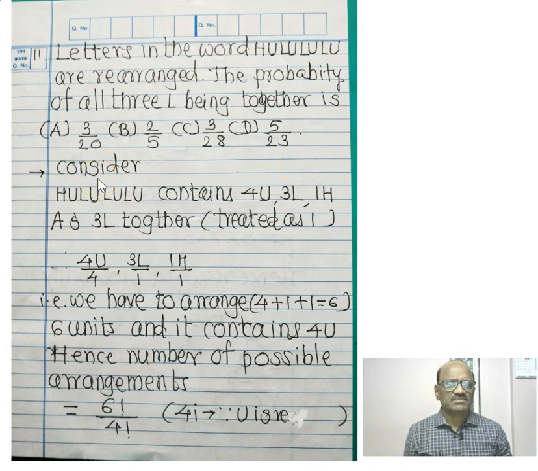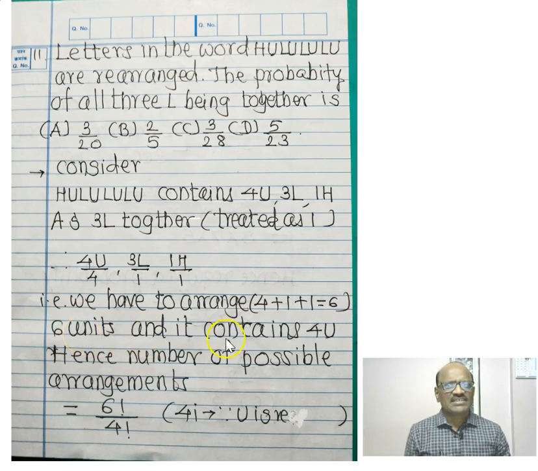Now consider this: it contains 4 U's, 3 L's and 1 H. As the 3 L's must be together, they are treated as 1. Then 4 plus 1 plus 1 equals 6 units to arrange.